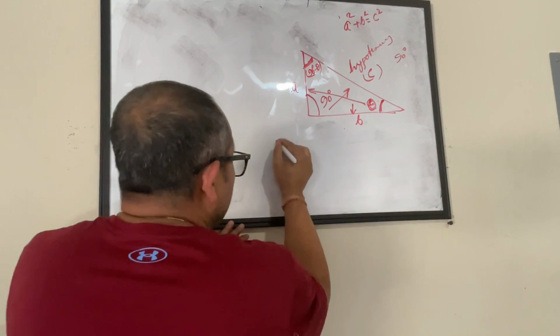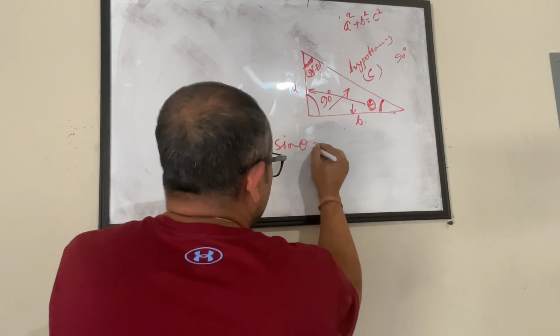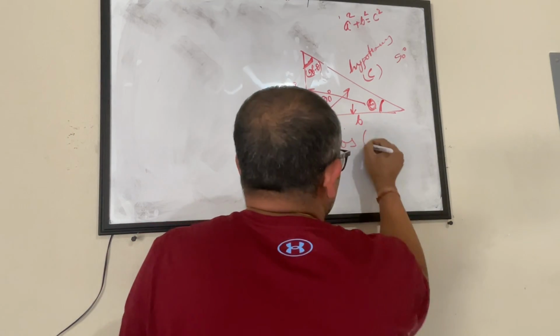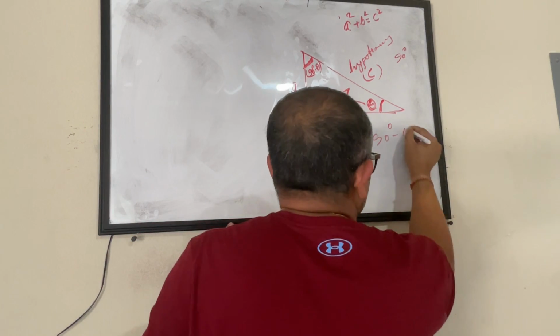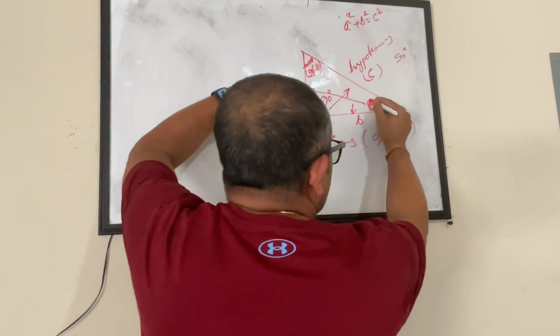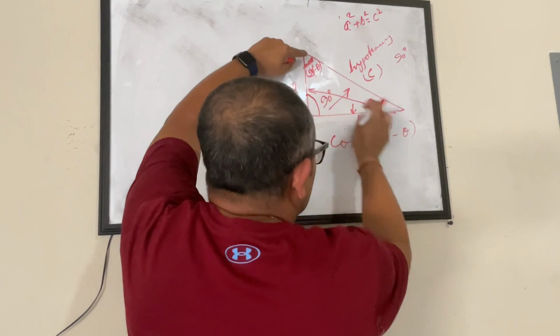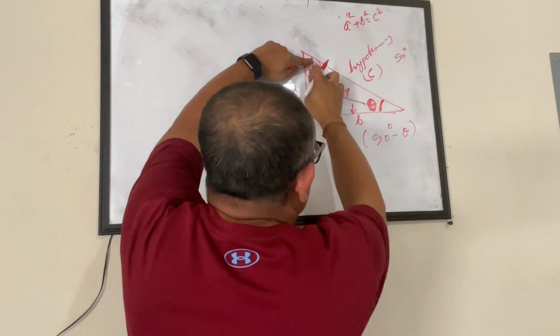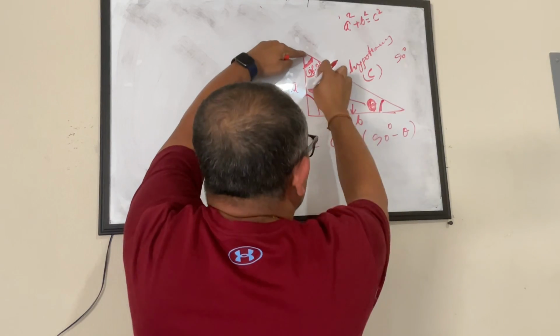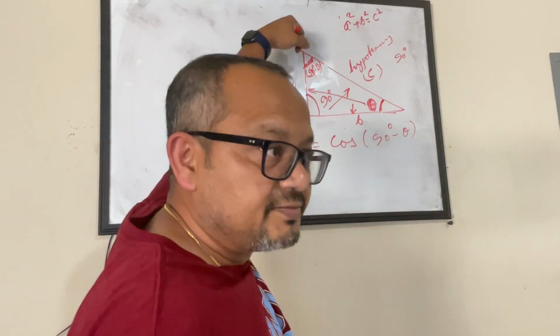Now look at this. Sine theta is equal to cos of 90 degrees minus theta. Now look at this, theta and 90 degrees minus theta. This is theta, this is 90 degrees minus theta. Here, these two together make 90 degrees. So this angle and this angle are called complementary angles here.